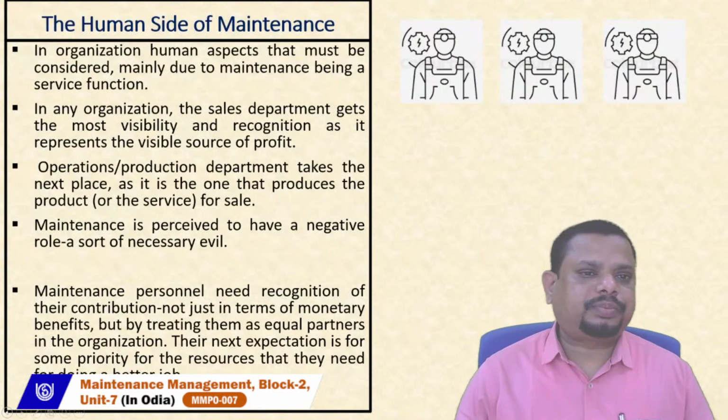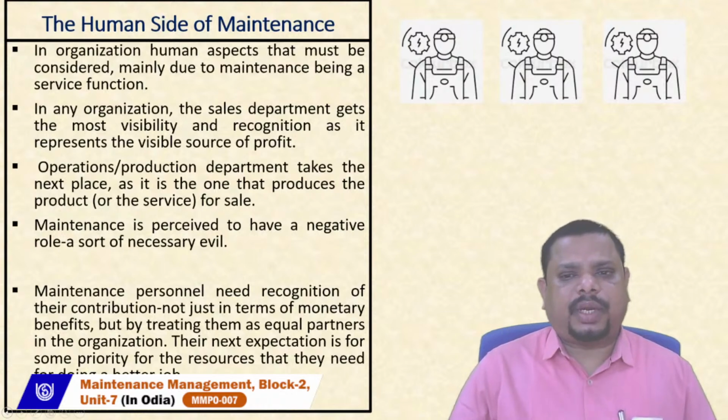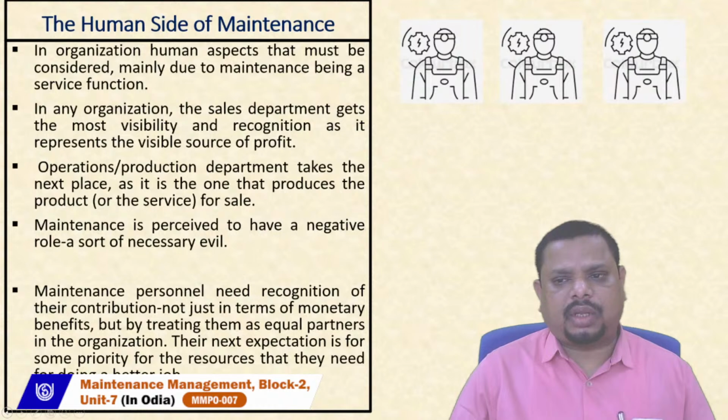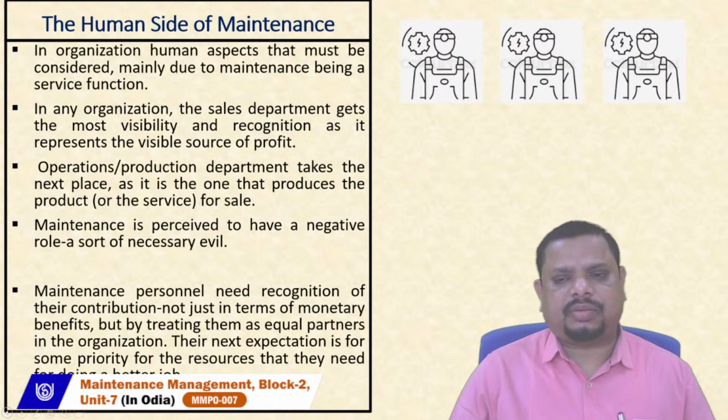Moving to the next topic, we have the human side of maintenance. As I told you in the beginning of these sessions, human beings should not be considered as evils, especially maintenance personnel. The human or organizational aspect must be considered mainly because maintenance is a service function.